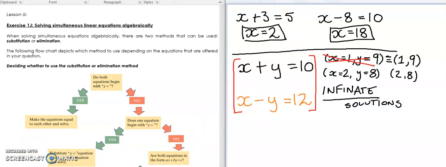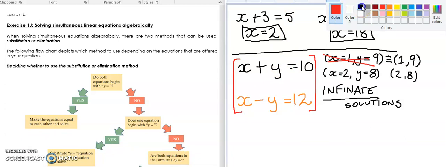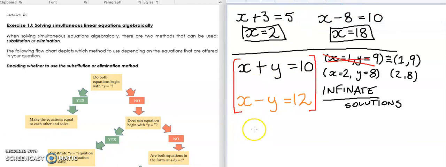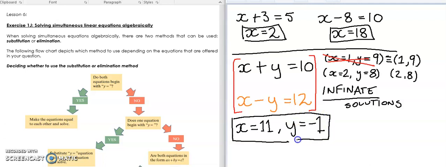The answer to this is a bit of a tricky one because it does involve negative numbers. But the answer for this one is x is equal to 11 and y is equal to -1. This is the only pair of solutions, solution, not plural, that will work for this.